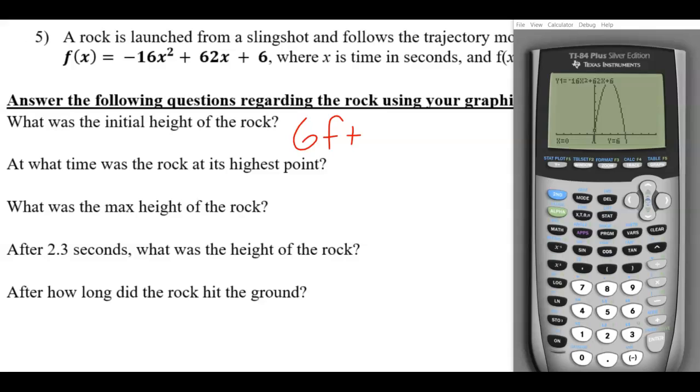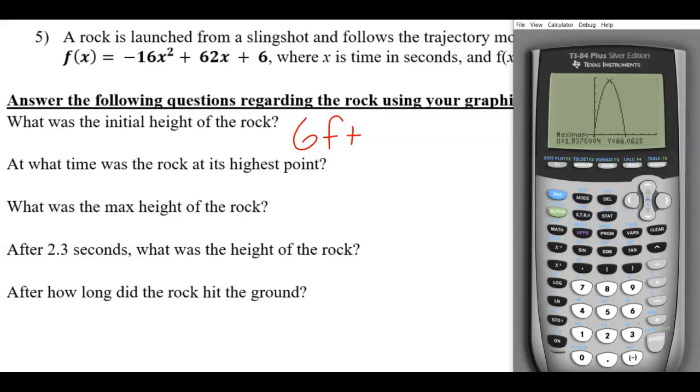Okay, at what time was the rock at its highest point? What is it really asking you to find? Yeah, it's basically the AOS, right? It's the x value of the vertex. So second trace, which one of these are we selecting? The maximum. So you go left, and then go right, and then guess in the middle.